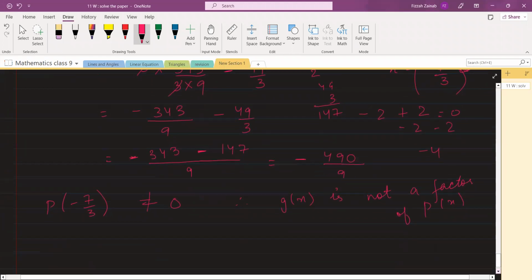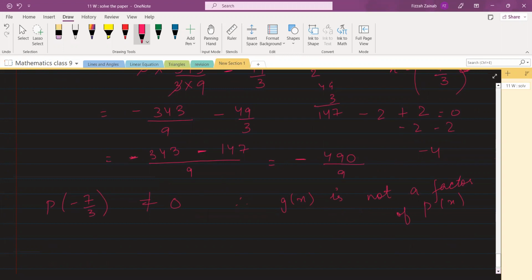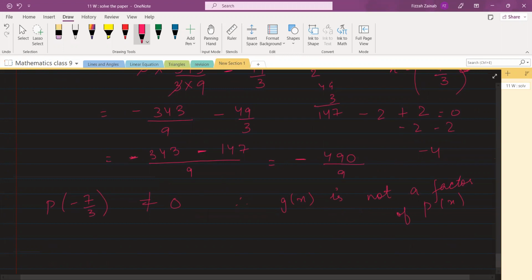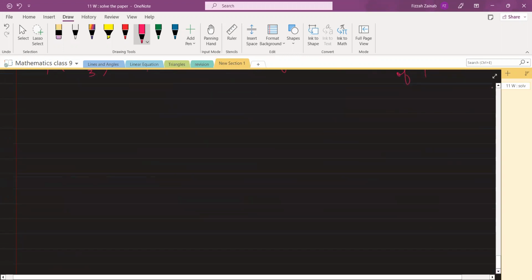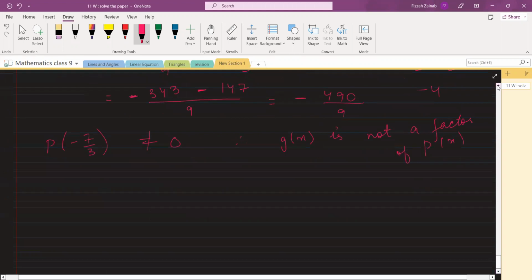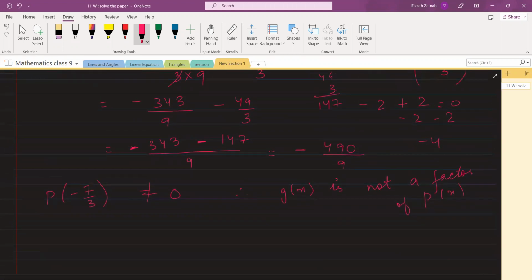So let us revise now exercise 2.4, right? You can write it. So exercise 2.4 is again factorization of polynomials.